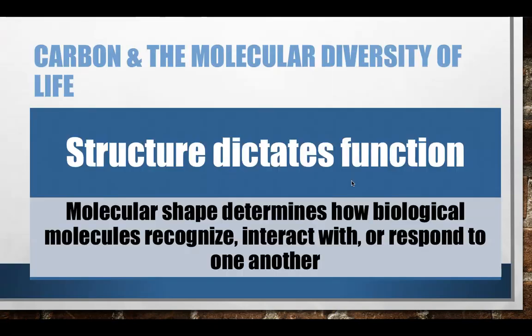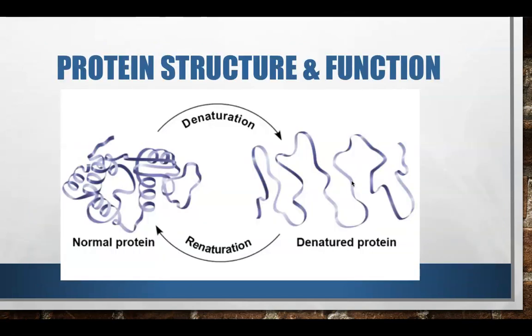And what do we say about structure? Remember that structure is going to always dictate function. So with protein structure, especially with enzymes, it is important that proteins maintain their shape. When a protein is subjected to a different pH or temperature, the shape can be altered. That's called denaturation.